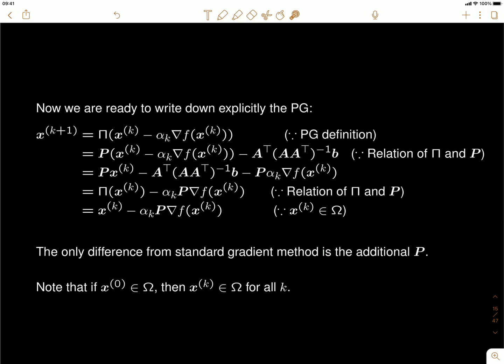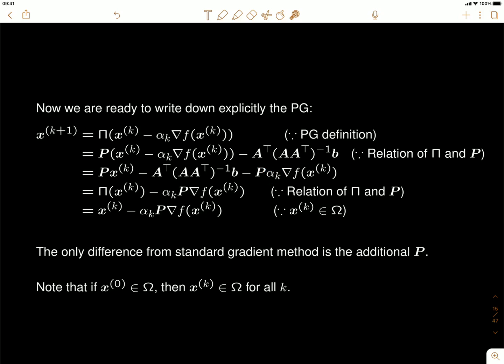Recall that this P is just a matrix, so I can apply this P to this and this separately. The first one gives us just P x k. The second one, with P multiplied inside, will give us this term. I can move this alpha k outside, it's just a constant.